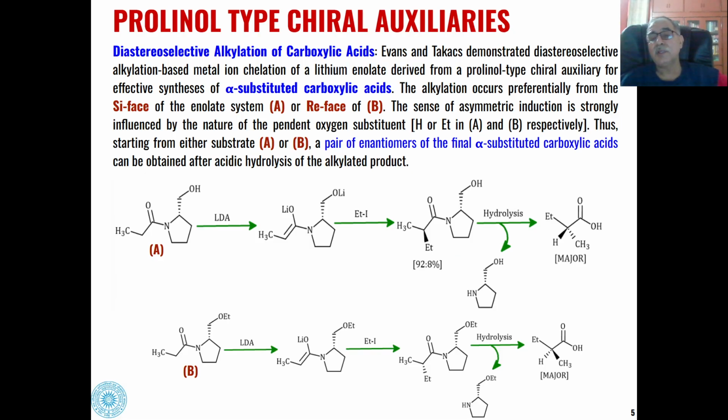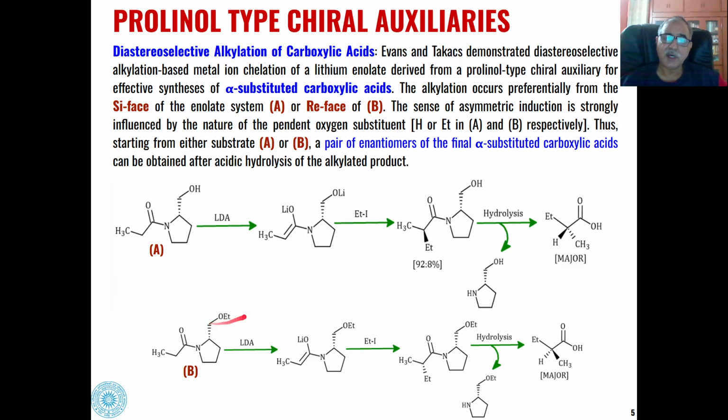alkylation is an asymmetric alkylation because these enolates can undergo alkylation either from the Si face or from the Re face of the enolate. If we have a prolinol based enolate, then generally the alkylation occurs preferentially from the Si face of the enolate.